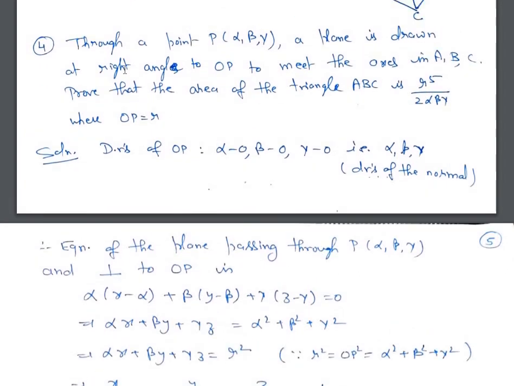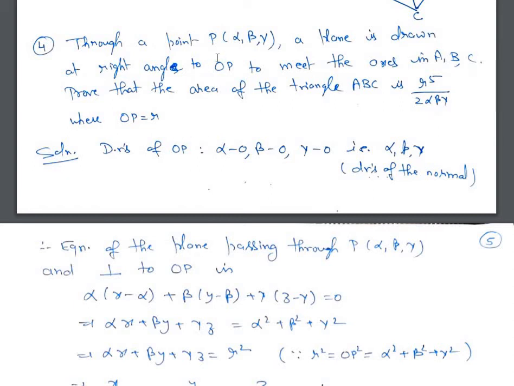4th example. Through a point P(alpha, beta, gamma), a plane is drawn at right angle to OP to meet the axes in A, B, C. Prove that the area of the triangle ABC is r^5/(2 alpha beta gamma), where OP = r.